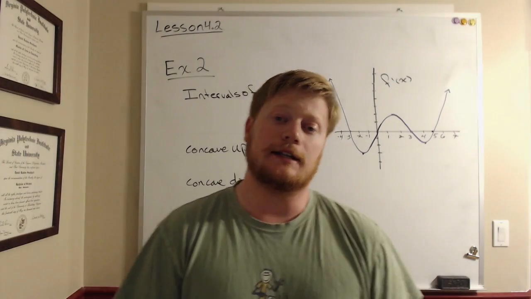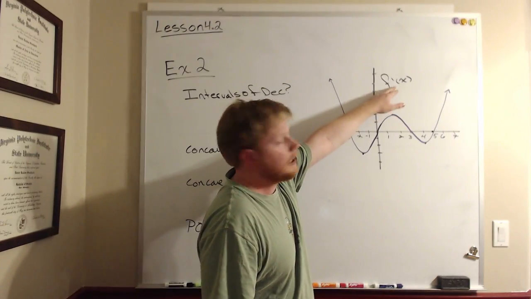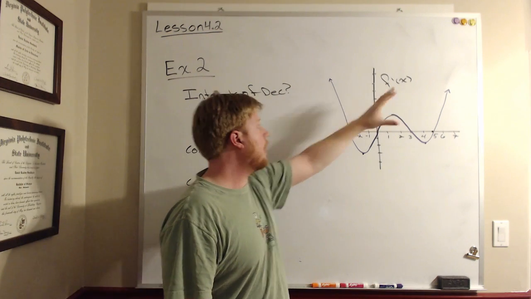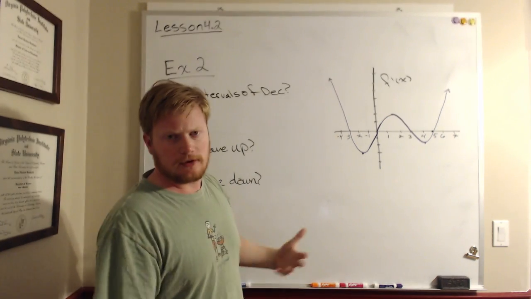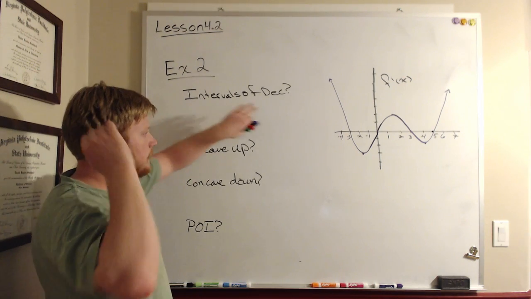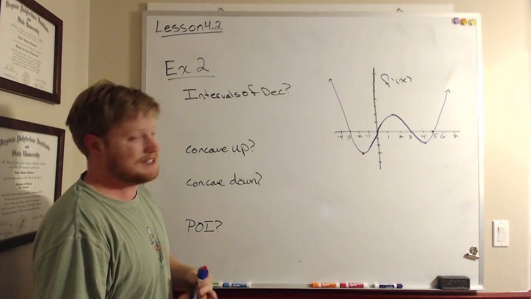All right, in example 2, we're going to be looking at another function, but this time we're given the graph of f prime. Okay, given the graph of f prime, can we come up with some information or answer some questions about it? So the first thing is looking at f prime, can we come up with the intervals of decrease?